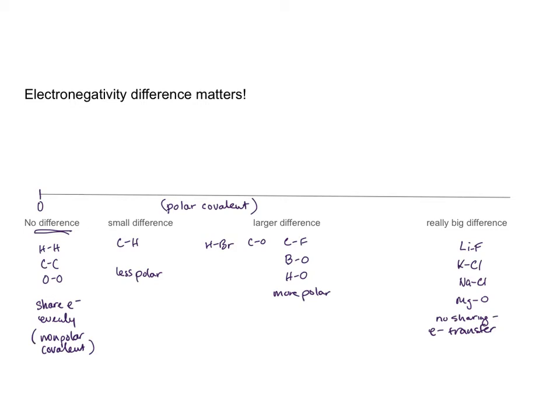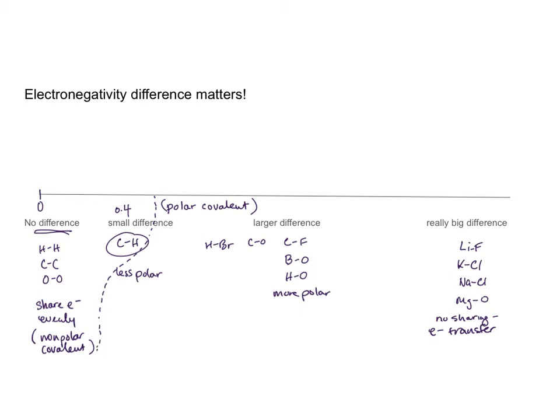Now, to quantify this, let's look at actual difference in values. The difference between the electronegativities of carbon and hydrogen is actually only about 0.4. And that is so small that I'm going to put this bond in the nonpolar category. It's just about borderline, okay?